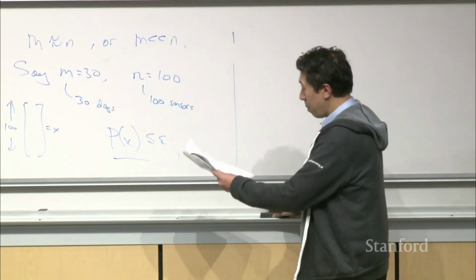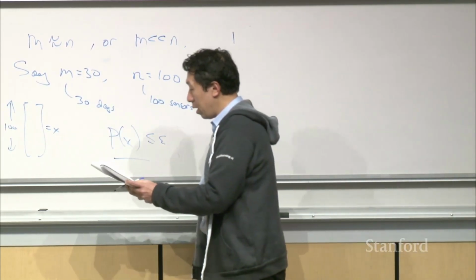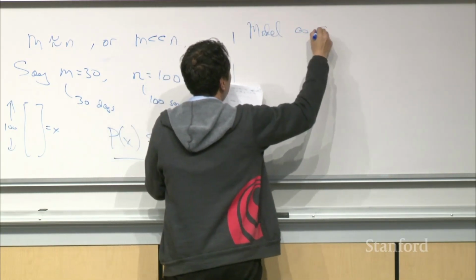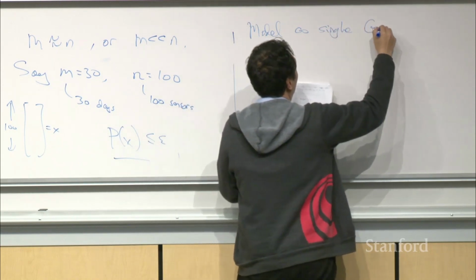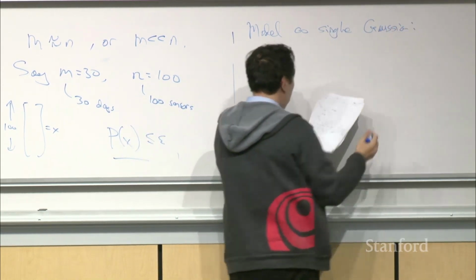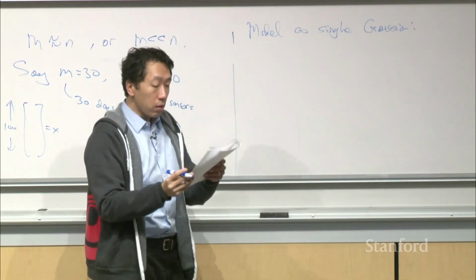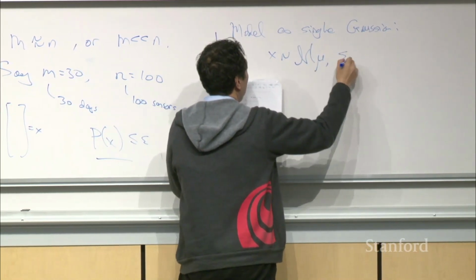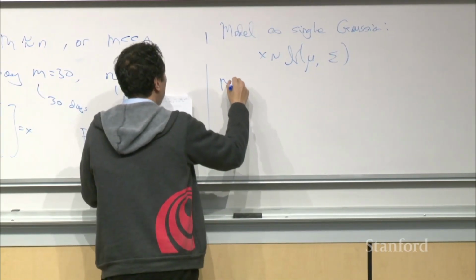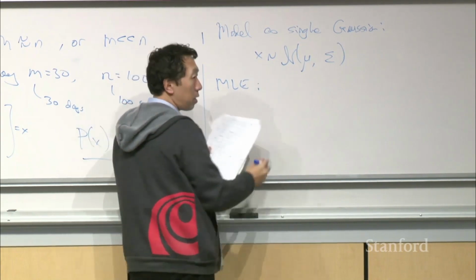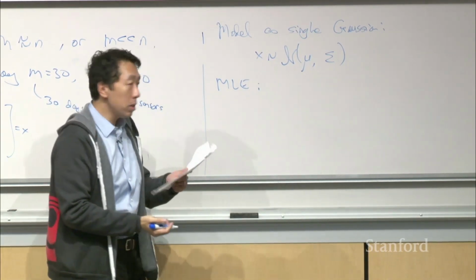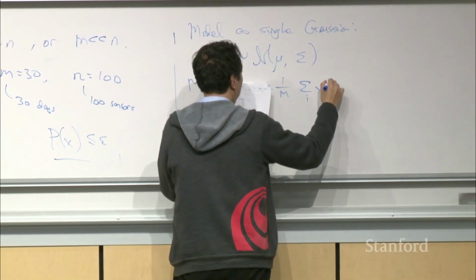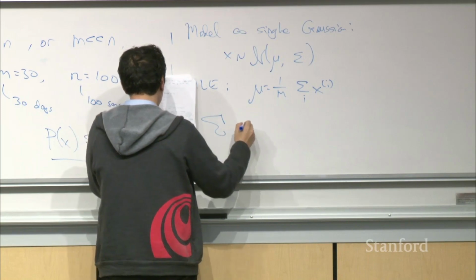So it turns out there is a problem with applying a Gaussian model. One thing you could do is model this as a single Gaussian and say that x is distributed Gaussian, right? And if you look at your training set of 30 examples and find the maximum likelihood estimate of the parameters, you find that the maximum likelihood estimate of mu is just the average, and the maximum likelihood estimate of sigma is this.